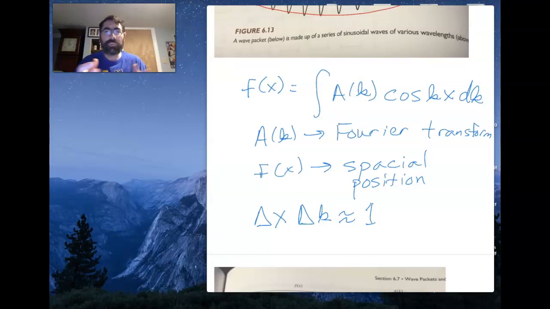That's what I did before when I was toggling back and forth on the graph to show that if you want to isolate the location of the thing, then you have to add in a lot of waves to do that destructive interference to isolate it. But if I just pick one wave, that wave now loses the spatial information. It's a wave, it's periodic over the space.